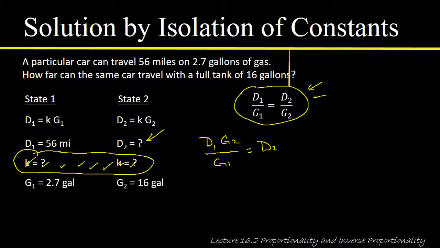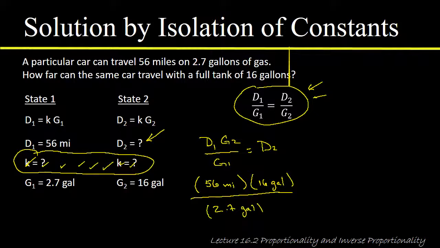And if we put our variables in there, d1 is 56 miles, g2 is 16 gallons, and g1 is 2.7 gallons.